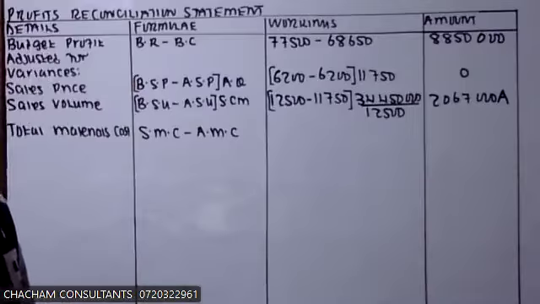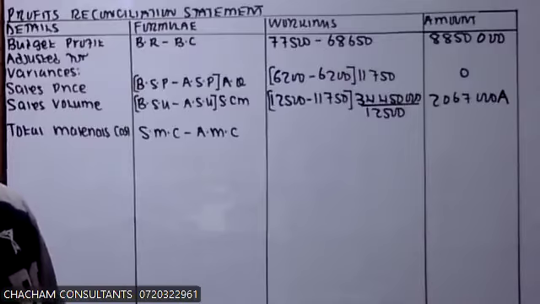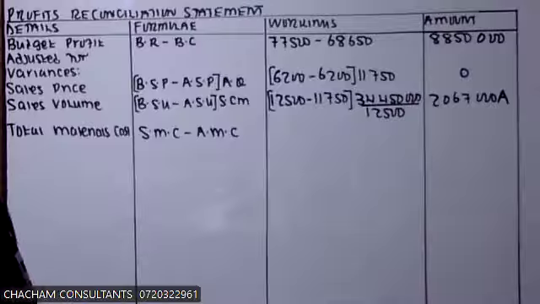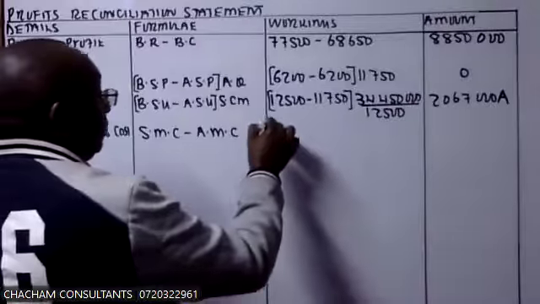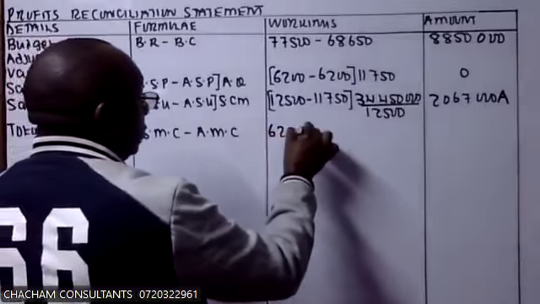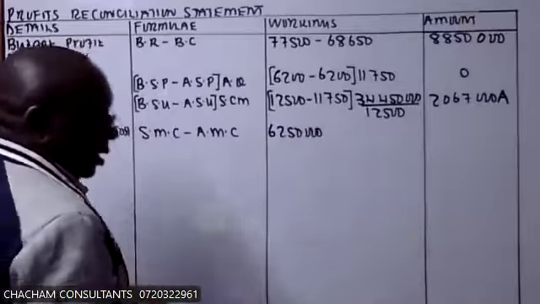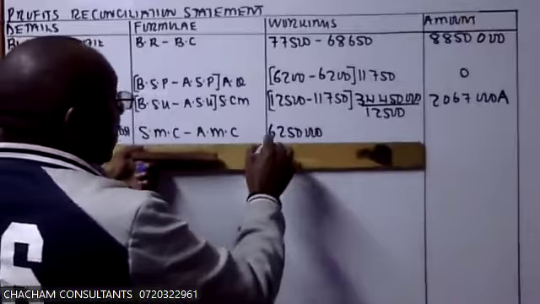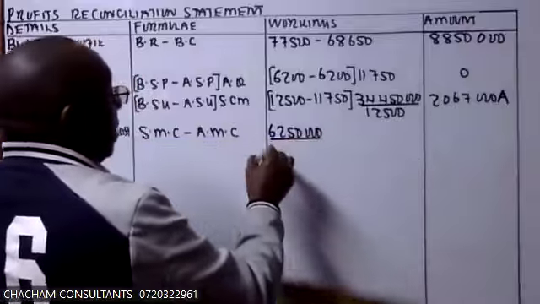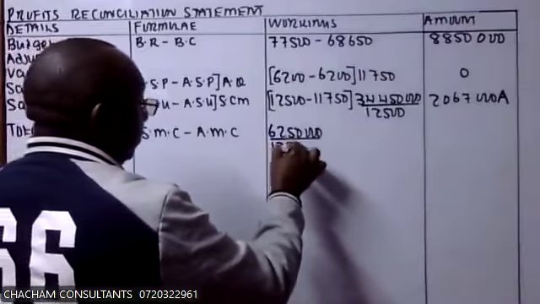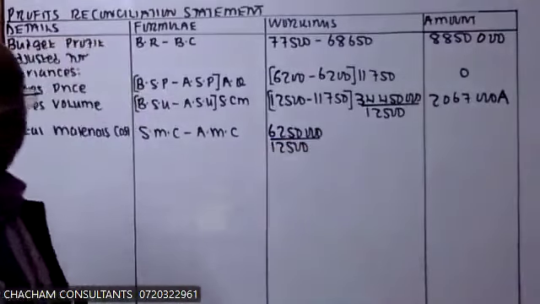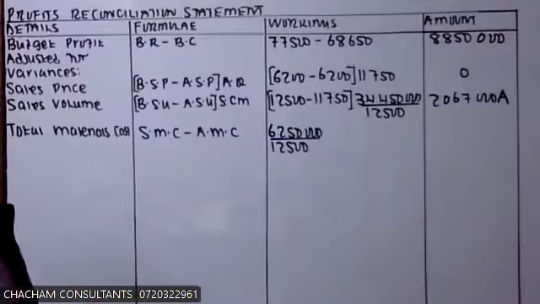So, according to the budget, the total cost of material was 6,250,000. You are supposed to first divide by the budget kilometers, so you get per kilometer.